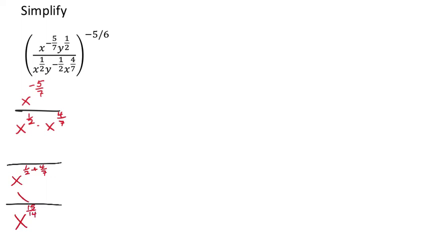Now we go back and we see we got x to the power of negative 5/7. Applying the quotient rule for my base x means that you take the numerator exponent of negative 5/7, and we're dividing the bases, so we subtract the denominator exponent of 15/14. So again, I'm putting this into the calculator to give me my new exponent for x, negative 5/7 minus 15 over 14, and it gives me negative 25 over 14.